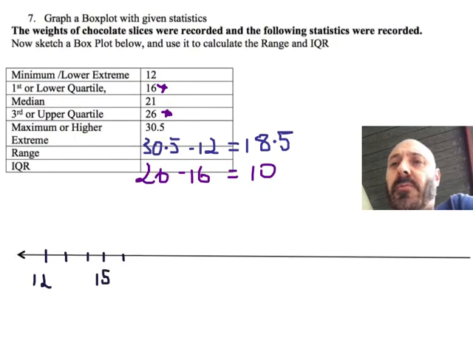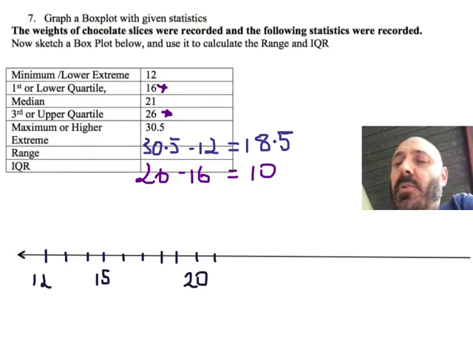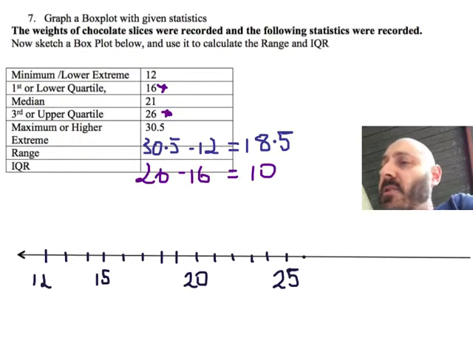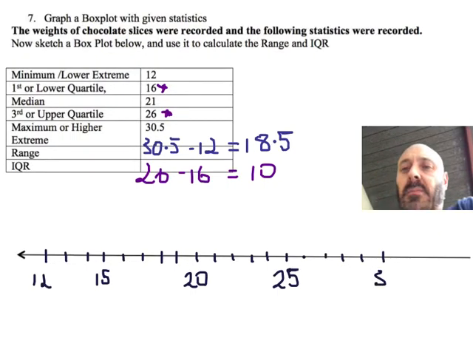Now we just go through a process of placing things, and I'm going to start with the minimum, which is 12. So the minimum is going to be here, and the maximum is going to be 30.5, so the maximum is going to be there. So now I can look at my box plot.